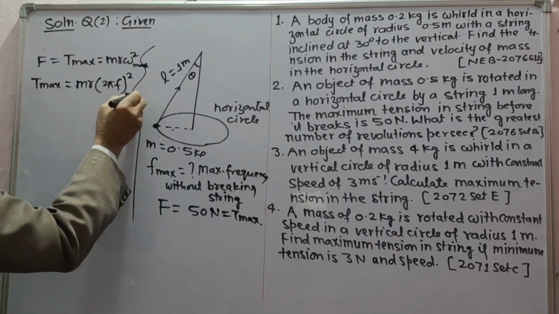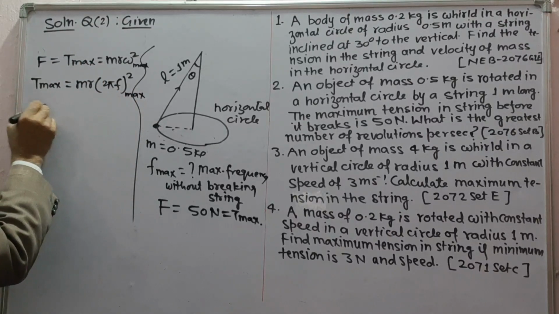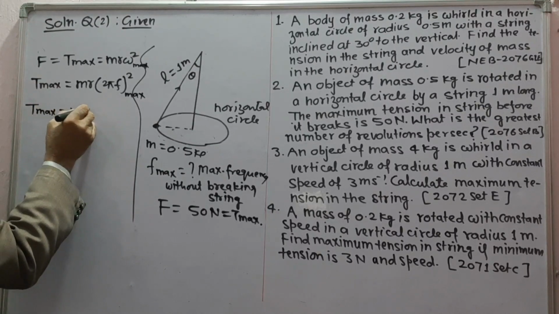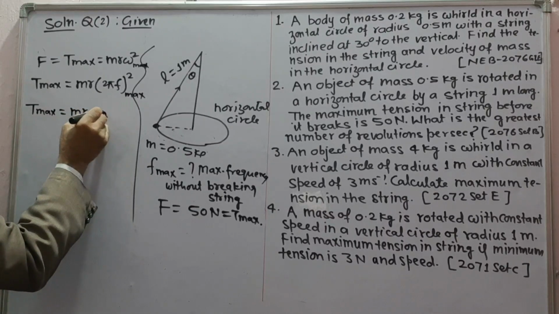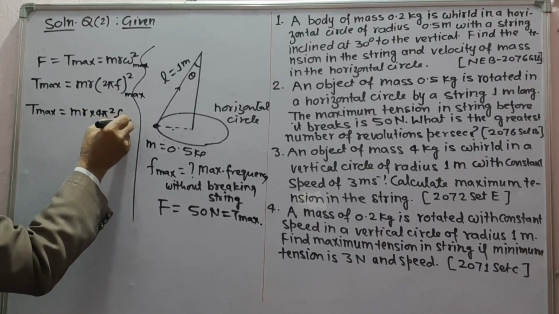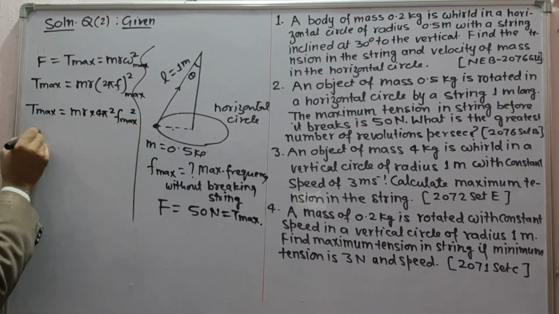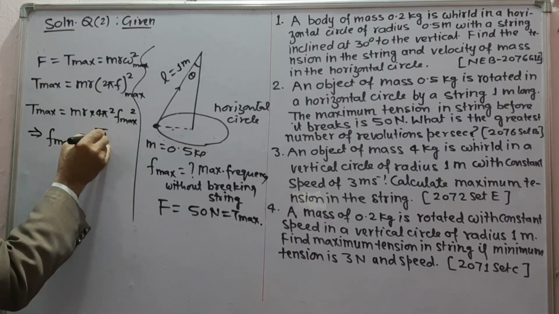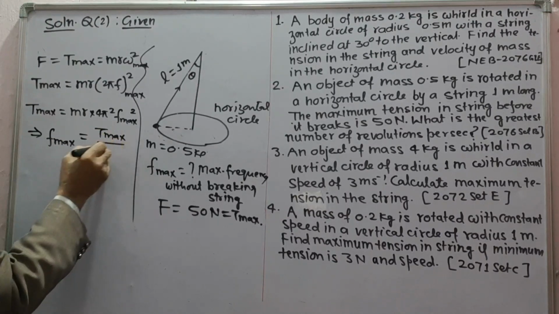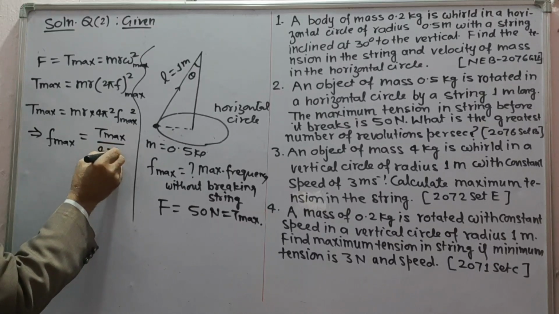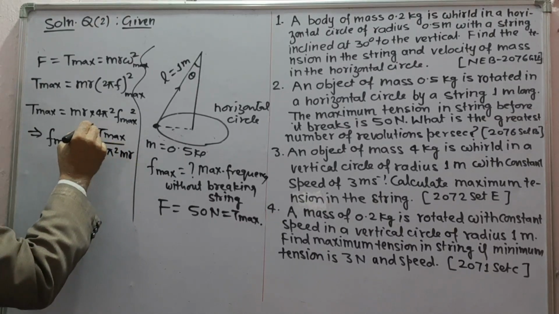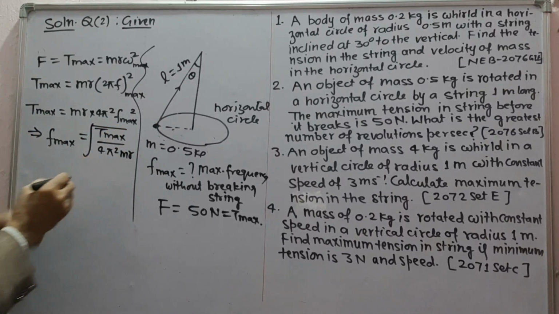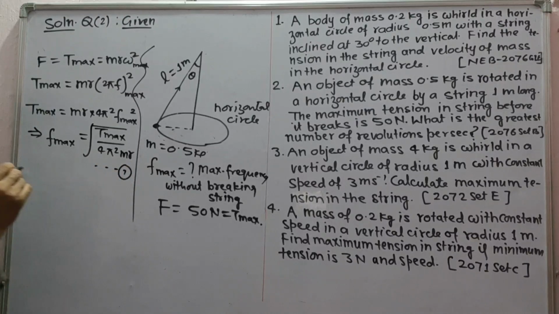So 2 pi f maximum square. T maximum will be equal to mr into 4 pi square f max square, which gives f max as under root T max upon 4 pi square mr. And for maximum tension, suppose this is equation 1.